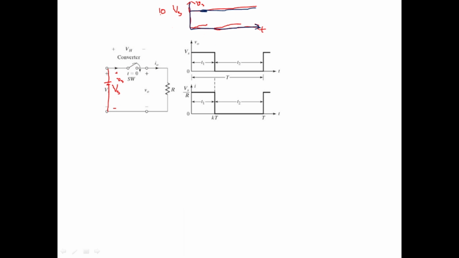What is the value? Vs. So this is T1, correct? No, time is T1. This is T1, or I can say KT. But you can see that source voltage is constant. Vs is constant. Starts here.